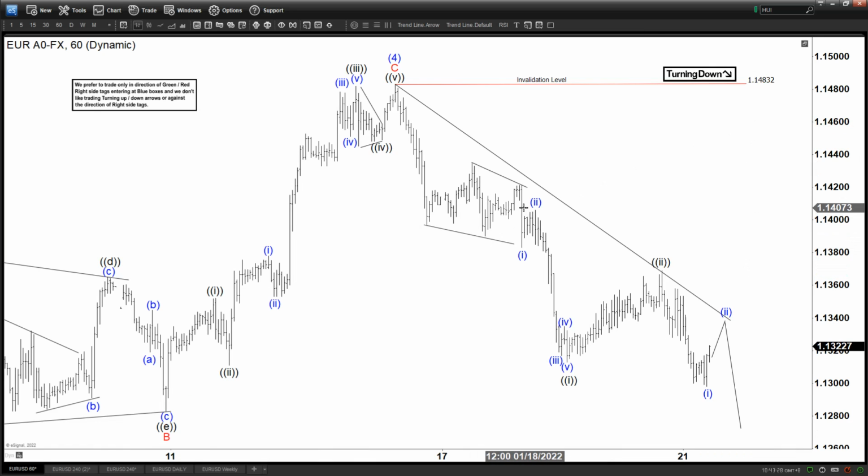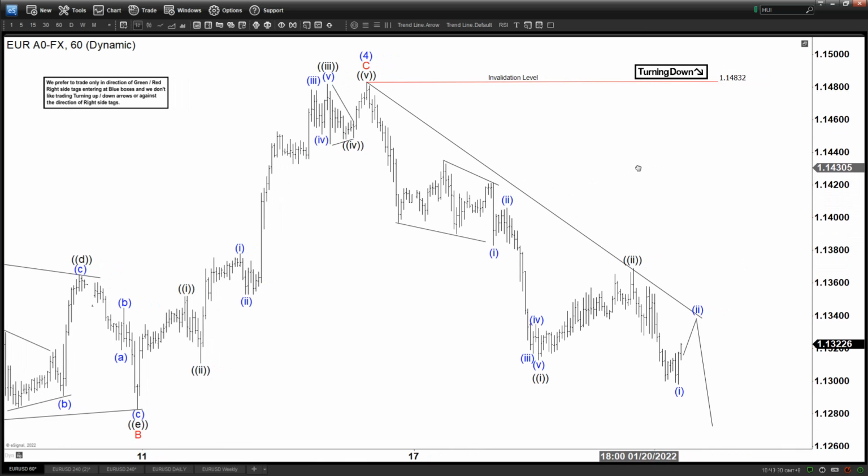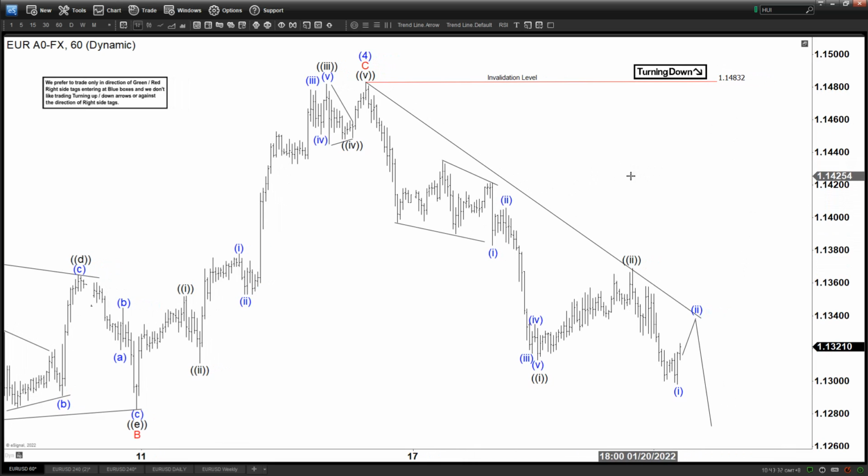Now, in the shorter cycle, we can have a couple of different options. For example, we could have ended wave 1 here instead, and then do a bigger rally instead of just this small rally, a bigger rally to correct this decline, and then go down again. So that's one possible path.